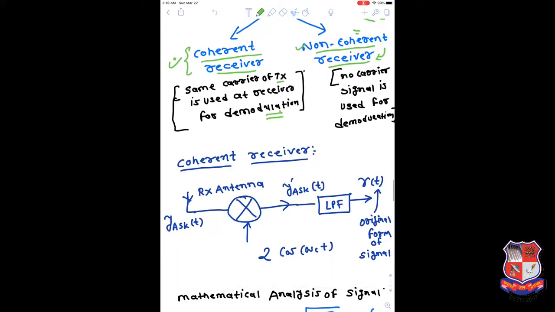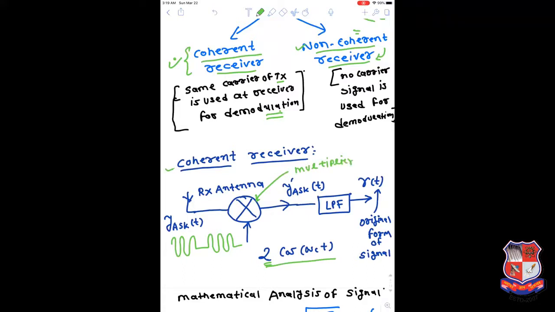Now if we start with the coherent receiver, here the YASK of t signal is received. The signal which is received over here is in this form. It is multiplied with 2 cos omega ct. The 2 is used basically to normalize the factor of 2 which is produced later in the mathematical expression, and this simply works as a multiplier.